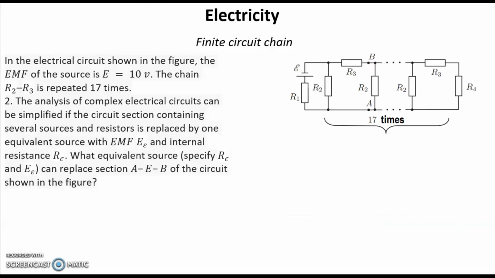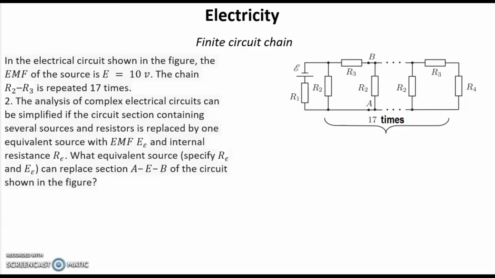Question number 2. The analysis of complex electrical circuits can be simplified if the circuit section containing several sources and resistors is replaced by one equivalent source with the EMF E and the internal resistance R internal.